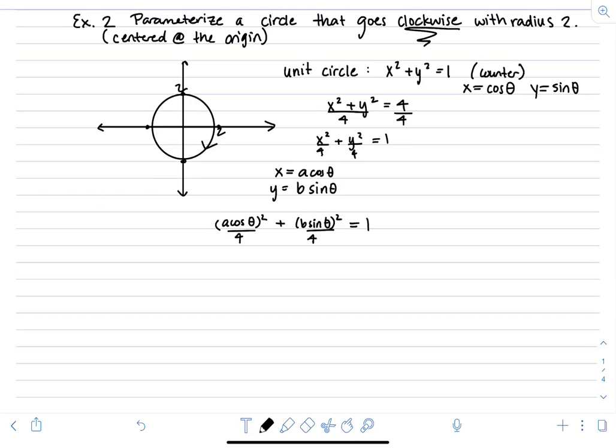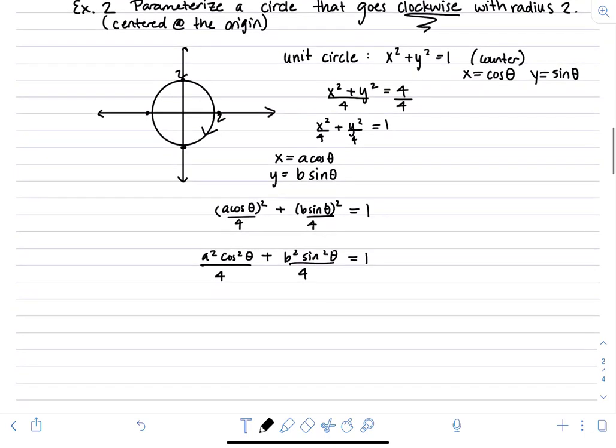So plugging that into our equation for this particular circle gives us this equation, (a cosine theta) squared over 4 plus (b sine theta) squared over 4. Simplifying that, you get a squared cosine squared theta over 4 plus b squared sine squared theta over 4, and that should be equal to 1.